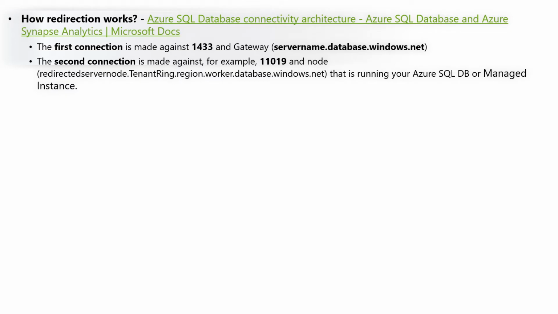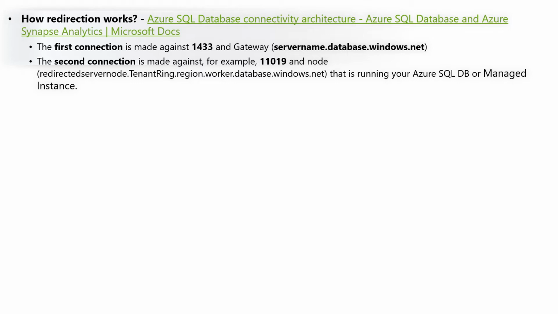The first thing that we need to understand is how the redirection connection policy works. Basically, it's the following. When you are connecting to your database using servername.database.windows.net, the first connection will always go to the gateway, to port 1433.